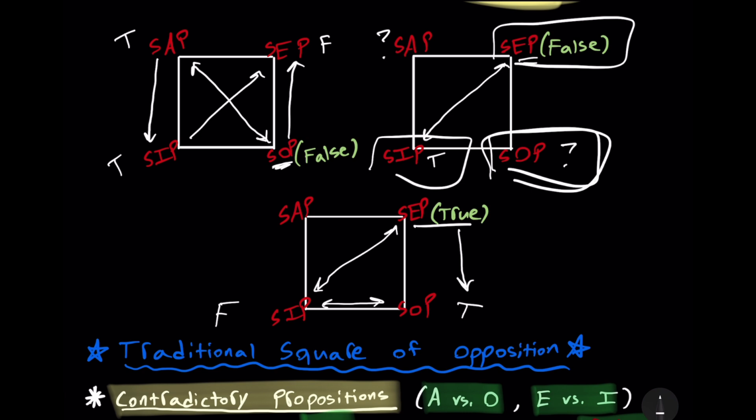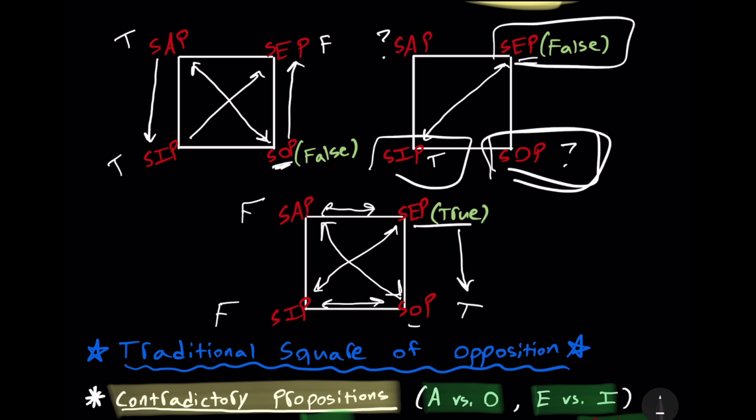Now, SAP and SEP cannot be both true simultaneously, so by this contrary relationship, if SEP is true, SAP is false. That also makes sense, because if SOP is true, then by contradictory relationship, SAP must be false. So given that O is true, A is false.